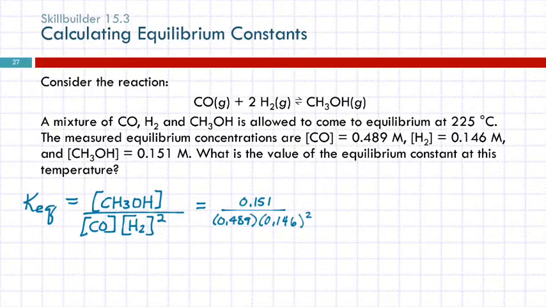So get out your calculator again. Be careful with the denominator there. 0.151 divided by, now open the parentheses, 0.489 times 0.146 squared.